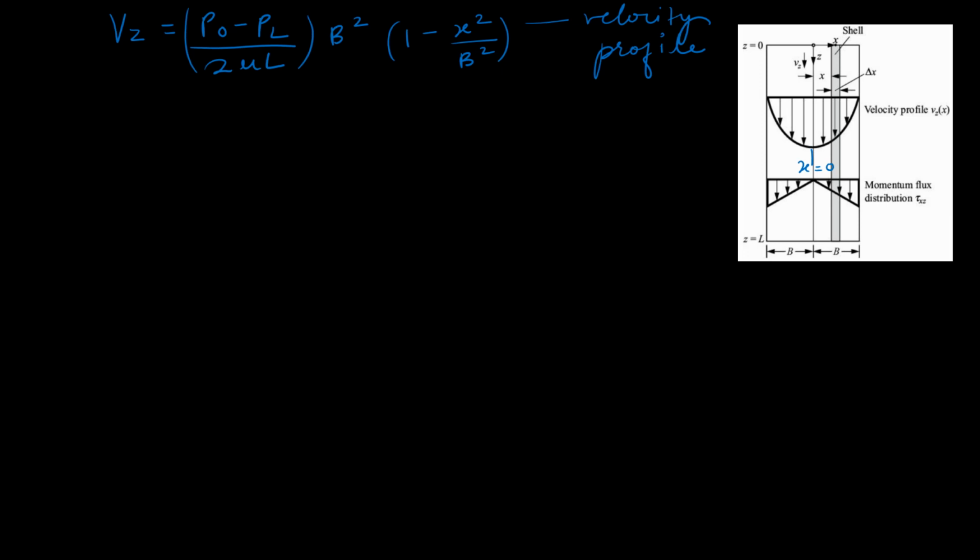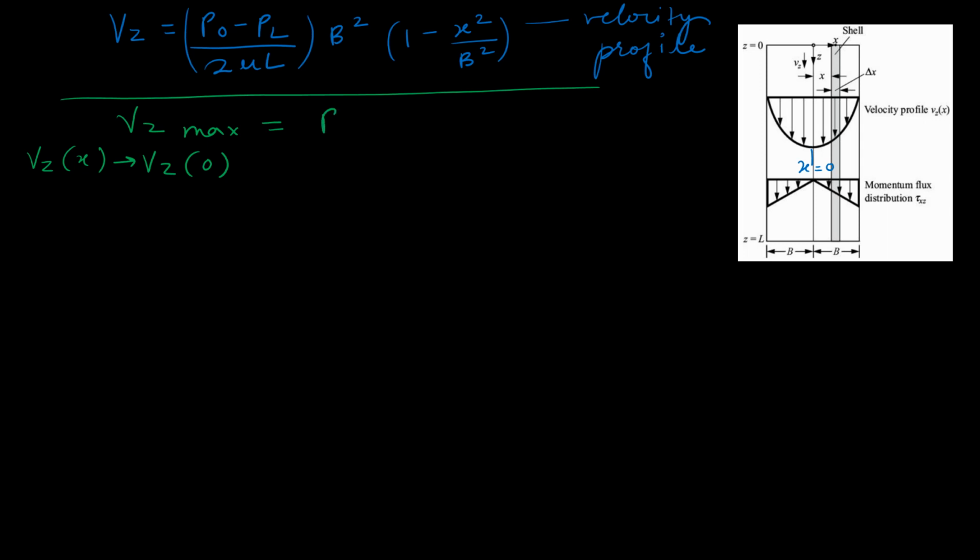Putting the value of x equals to 0, we get Vz max, Vz at x equals to 0, P naught minus PL upon 2 mu L into b square.